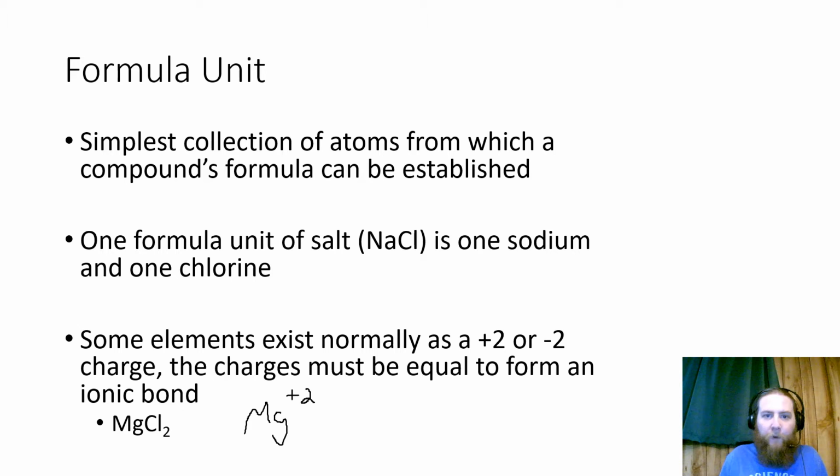You have seen chlorine already, in the case of sodium chloride, where sodium had 1+ and chlorine canceled it out with 1-. This chlorine is still 1-, but now we have 2 of them, so we actually have 2- because there's 2 of these. So this compound, MgCl2, still balances out to be 0. You are going to be experts at that next chapter, but it's important to mention it and start those gears turning now.